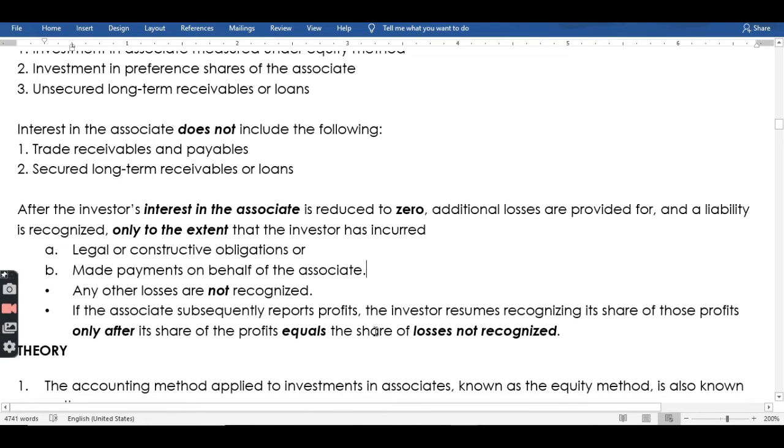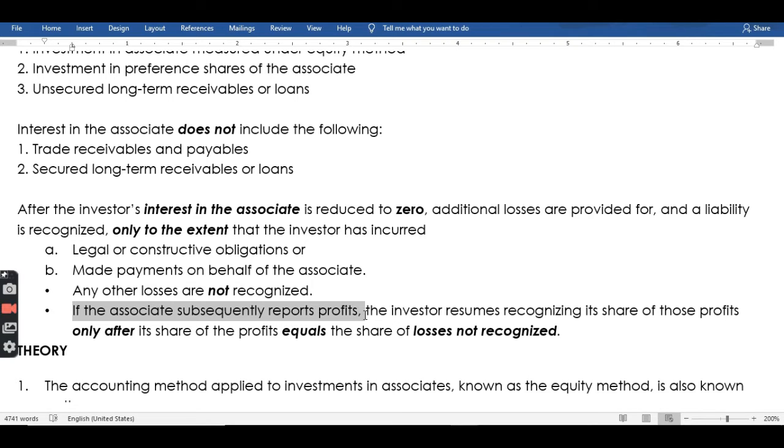Okay, may example tayo dyan mamaya. Okay? Tapos take note, any other losses are not recognized pag hindi na siya in relation to letter A and letter B. Okay? At naubos na lahat ng mga interest mo sa ating associate. Tapos, if the associate subsequently reports profits, okay, so ibig sabihin, paano kapag naka-recover na yung associate? Ano naman ang gagawin mo?